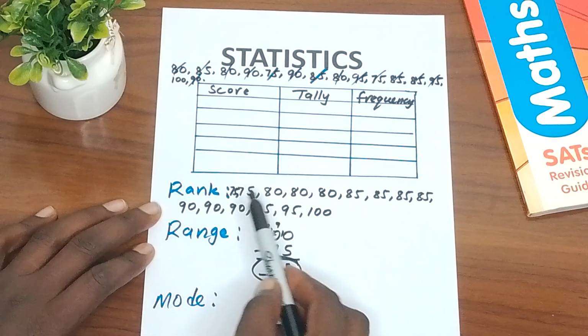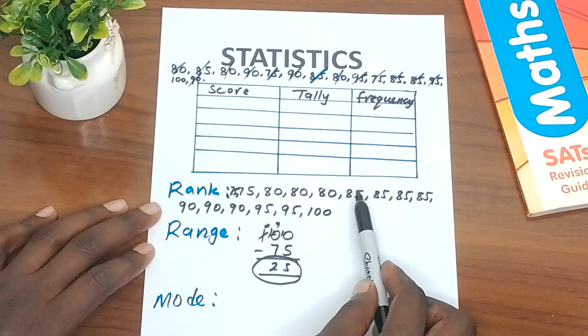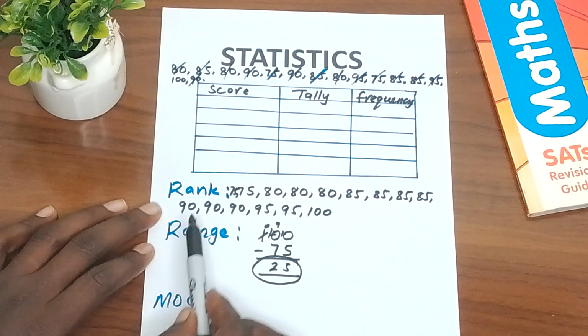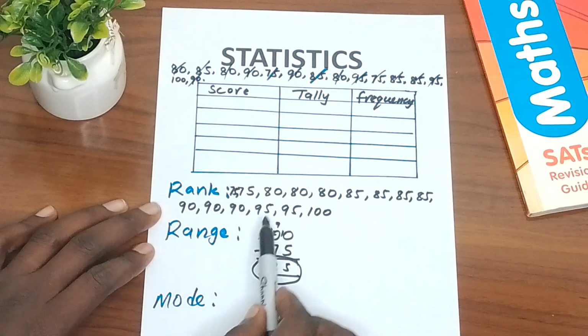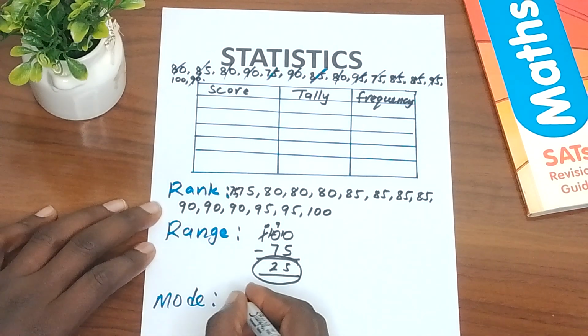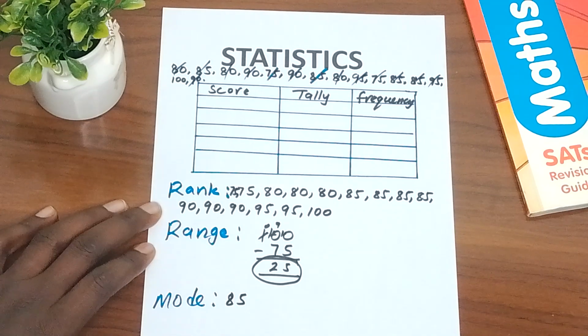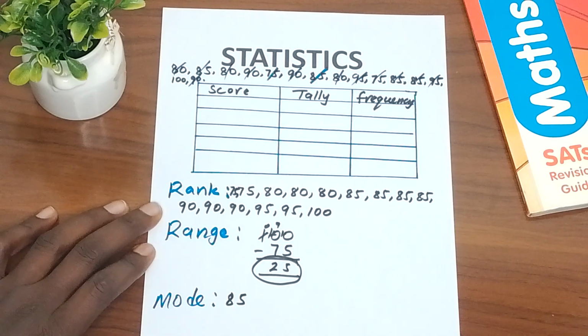How many 75s? There are 2. 80s, there are 3. 85, 1, 2, 3, 4. 90, 1, 2, 3. 95, 2, and 100 is 1. That means that our mode is going to be 85, because it is the number that has appeared the most in the given set of data.